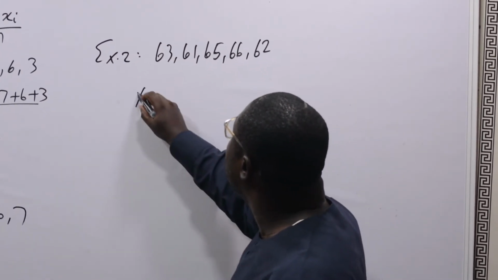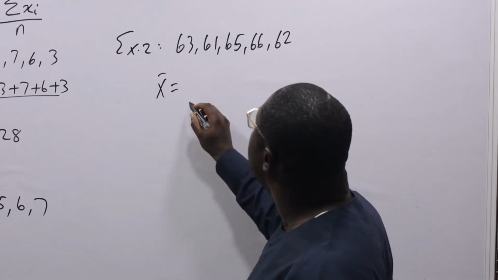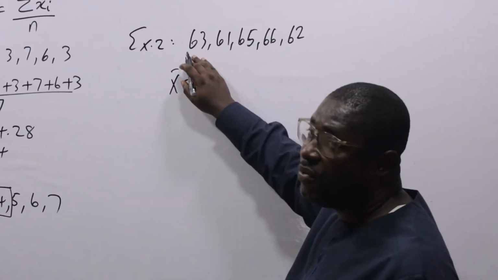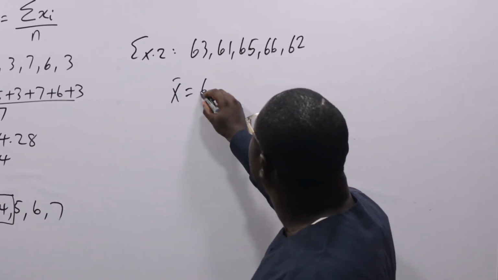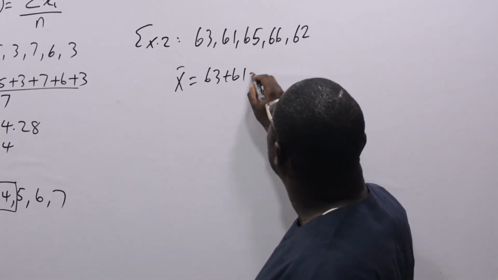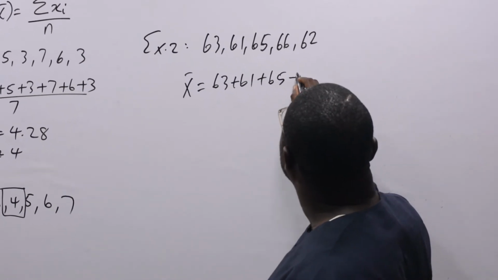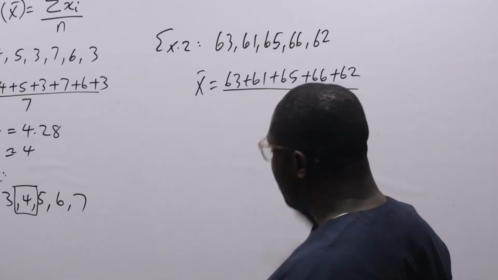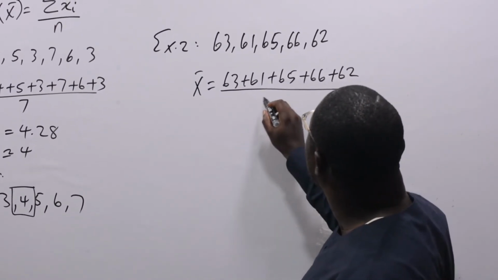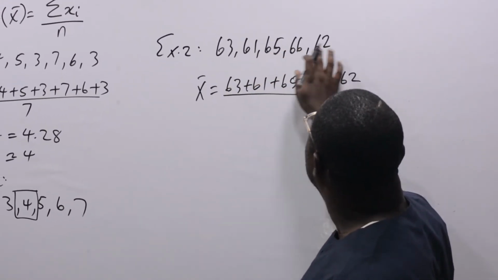So let's calculate the mean here. The mean is the sum of these values divided by the number of values. Let's sum 63 plus 61 plus 65 plus 66 plus 62, and divide by how many? 1, 2, 3, 4, 5.